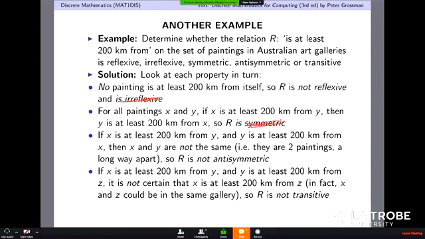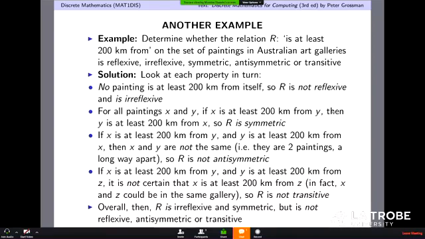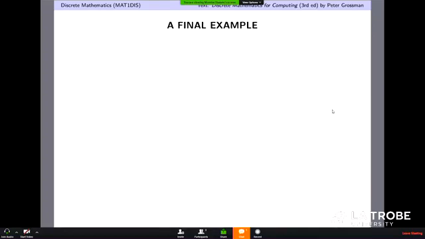This was not antisymmetric, not transitive, not reflexive. So R is irreflexive and symmetric, but is not reflexive, antisymmetric, or transitive.